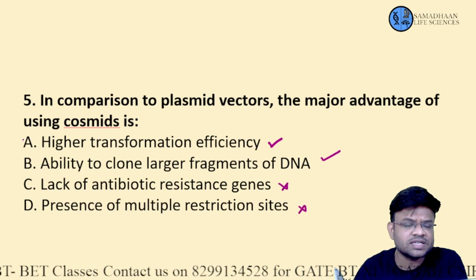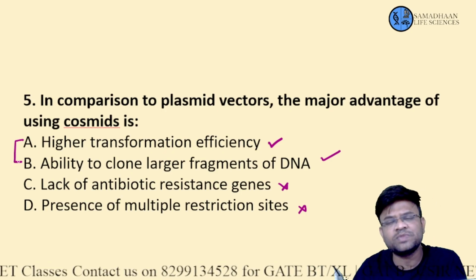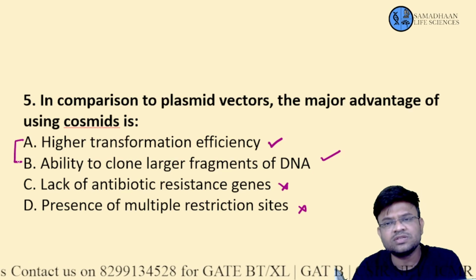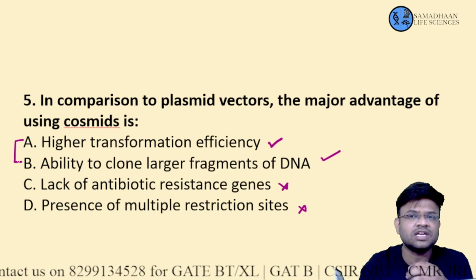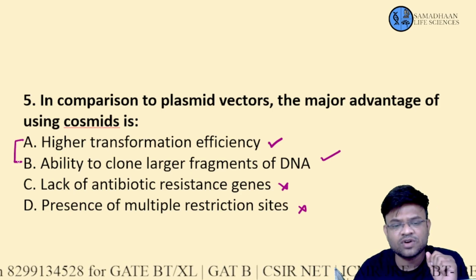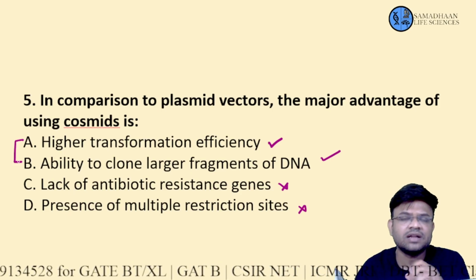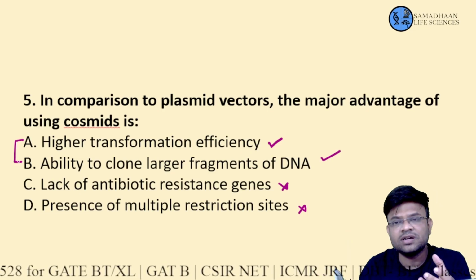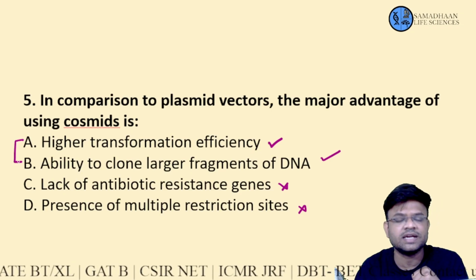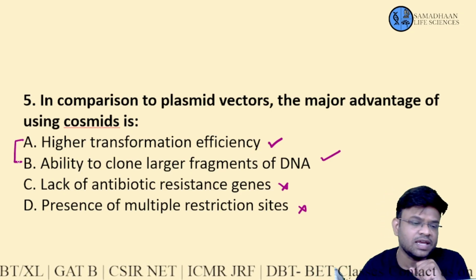So we have already discussed that high transformation efficiency is present when you are using the phage vectors, because they are bacteriophages. They have intrinsic capacity to infect the bacteria. So obviously there is a high transformation efficiency. Apart from that, larger DNA insert size can also be seen inside the cosmid. So correct option is A and B both.